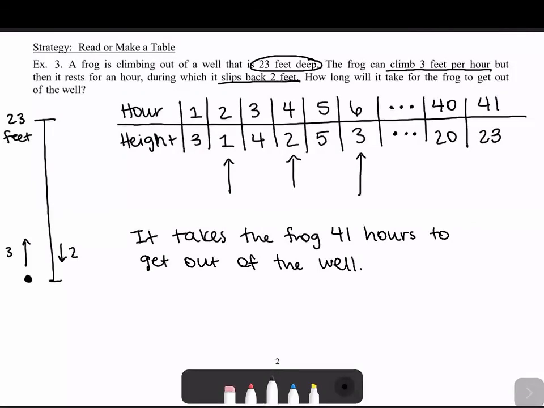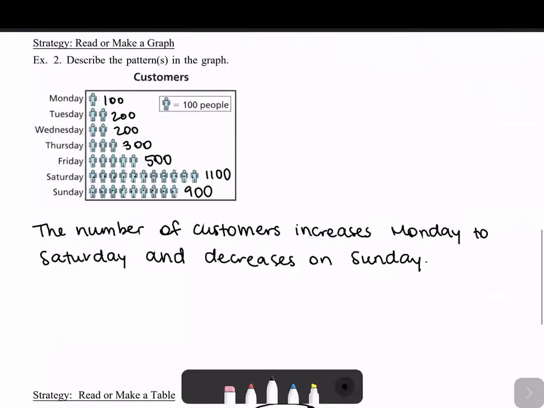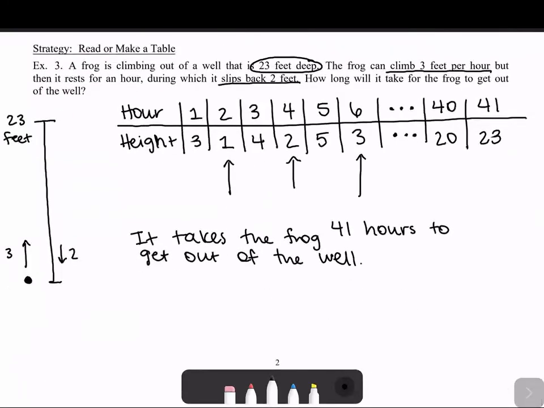With this example, there was more than one way to do this, right? Describing the graph like we did above, there's really only one way to do it. You describe the graph. But with this one, in our strategy, our step 2, whenever we make a plan for the problem, we already were given the strategy to make a table.